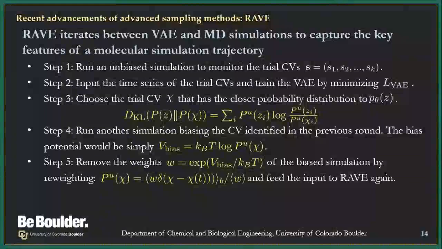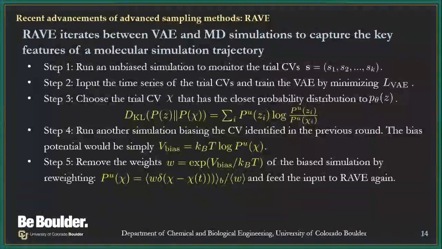We instead compare the probability distributions of all the candidate CVs with this output CV, which is accurate but not physically interpretable. We pick the CV that has the closest probability distribution to that output CV, and we choose that CV from the candidate CVs.